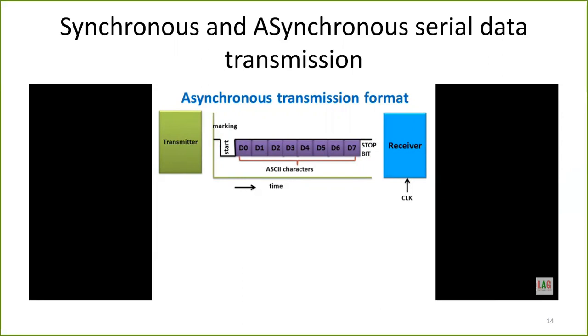Here the baud rate will be set in this asynchronous mode of transmission. What happens is first is the start bit, followed by 8 data bits, and then the stop bit, which will continuously keep transmitting to the receiver.